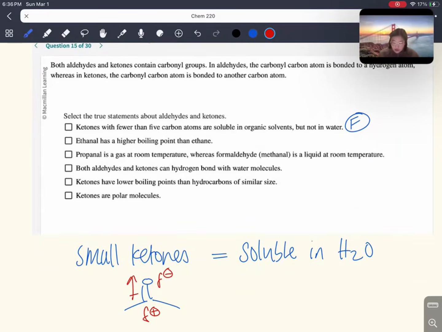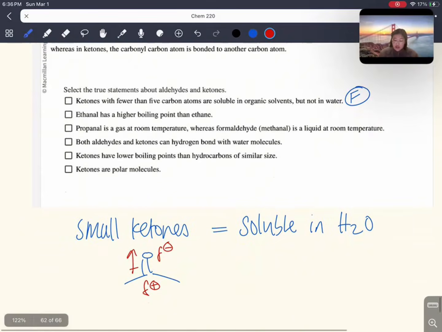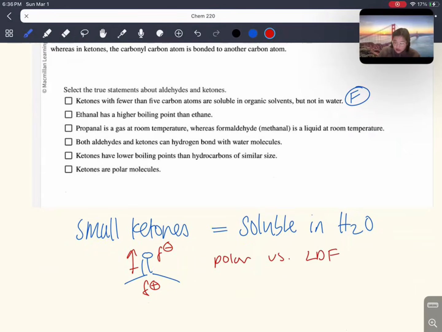So it's a competition between the polar interactions versus the London dispersion forces of the nonpolar part of the molecule. That's why if you have a really short carbon chain, the polarity outweighs the London dispersion forces of the nonpolar part of the molecule, which is why it is soluble in H2O, versus if you had a super long chain, it's not. And so that is why the first statement is false.